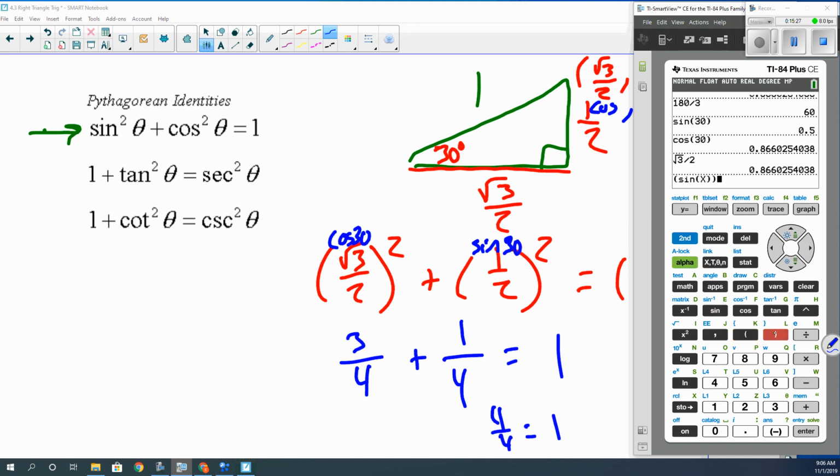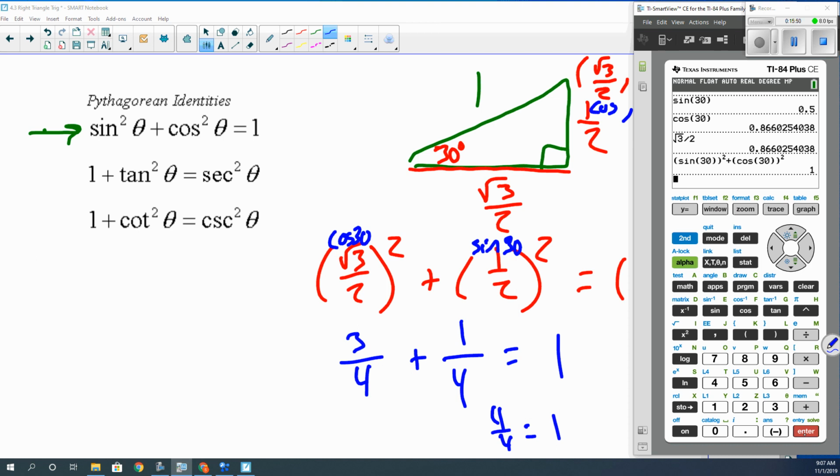Sine x, square it. Oops, I don't want x. Let me put in the 30 degrees, what angle measure I'm trying to do it at. And then plus cosine x, square it. Again I want the degree angle measurement I'm trying to do it at, which is 30. Notice I got the answer of 1.